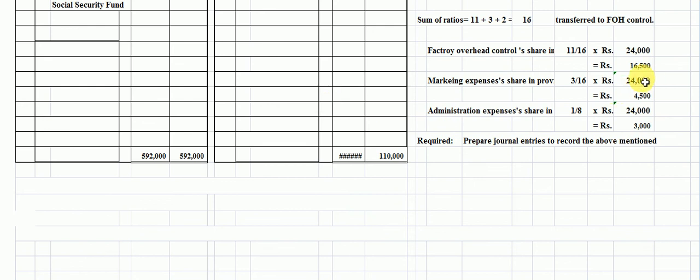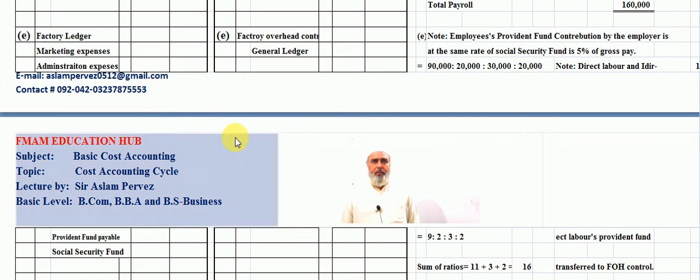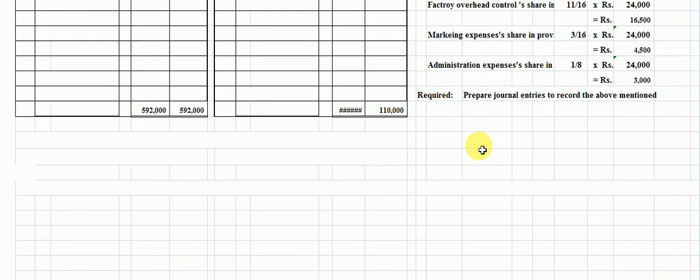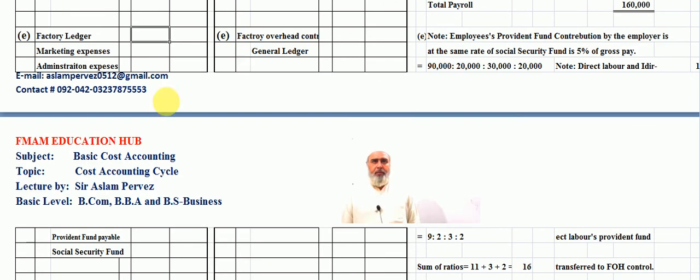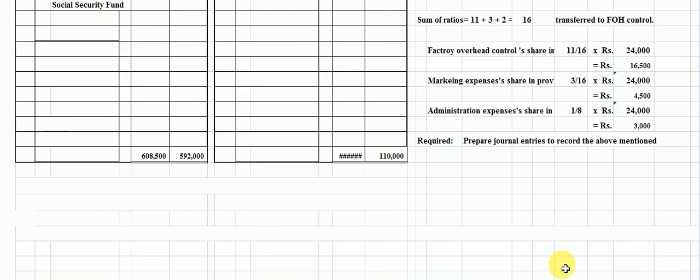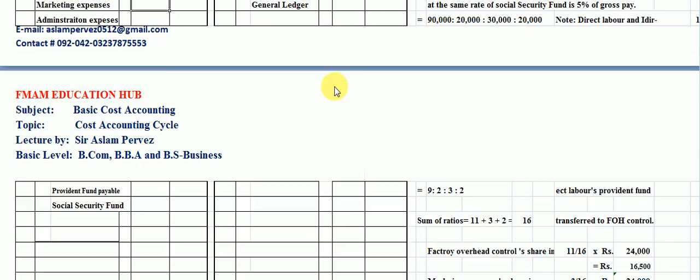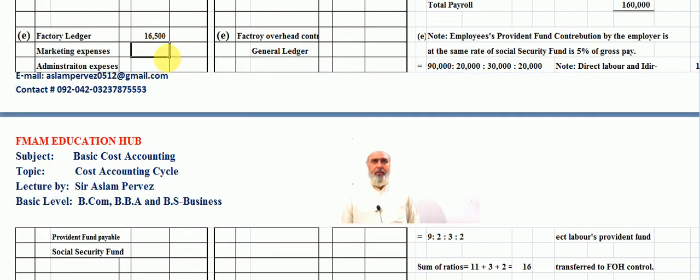Now we pass these entries in the book of head office. The factory cost is 16,500 rupees, and marketing cost 4,500 rupees, and admin is 3,000 rupees.